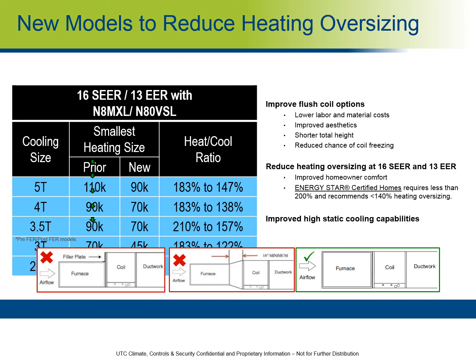We've also got some improved high static cooling capabilities. Typically what we would like to see, specifically in the horizontal position, that's typically where we run into a lot of high static applications. Making the furnace cabinet wider typically will alleviate a lot of those static pressure issues.